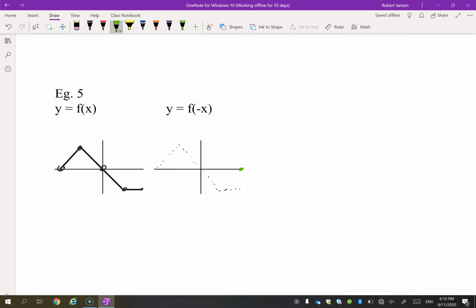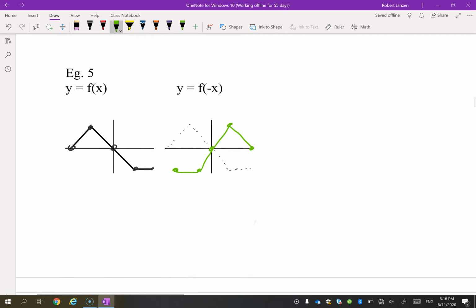This one would go here, and here, and here, and then here, and you have this. Notice these don't have any value. For example, if this was -3, 0, then I would expect you to write over here that this is 3, 0 now. But since it doesn't give you the values, we're not going to write them in.